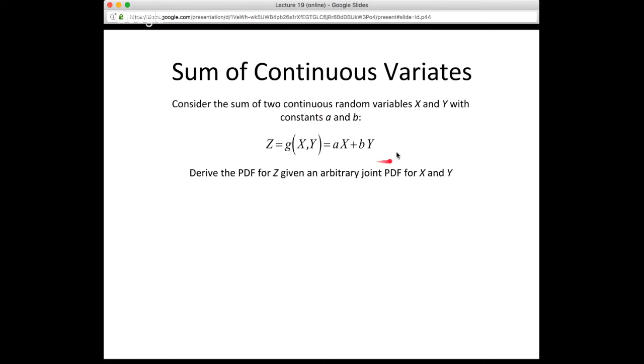So this is what our formula looks like. We're interested in deriving a PDF for the random variable z, given the joint PDF for x and y, and also this formula, which says that z is equal to the sum of x and y weighted by constants a and b.